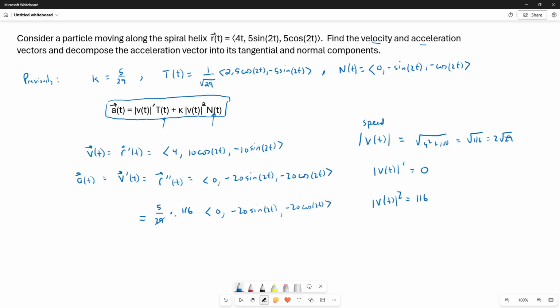And of course the 29 here cancels, making a 4, and we have 5, so that makes 20, times 20... so we get negative 400 times 0, sine 2t, cosine 2t. So we have decomposed the acceleration. It's just a multiple of the normal vector in this case because the tangential component was 0.